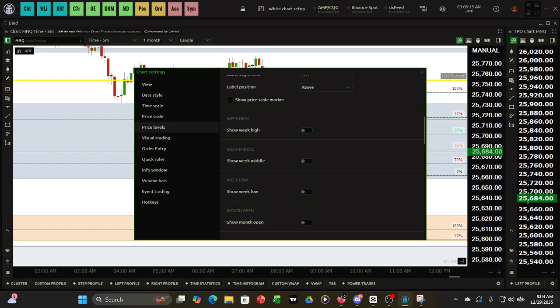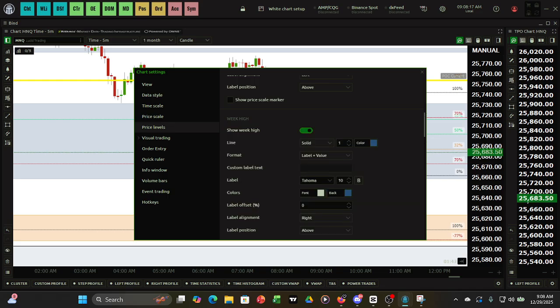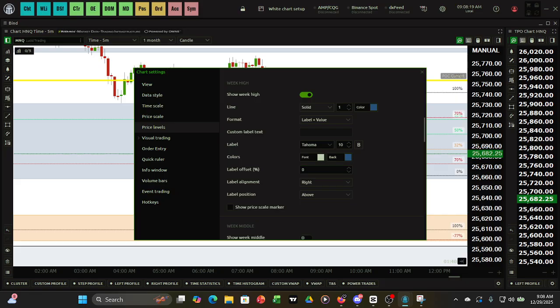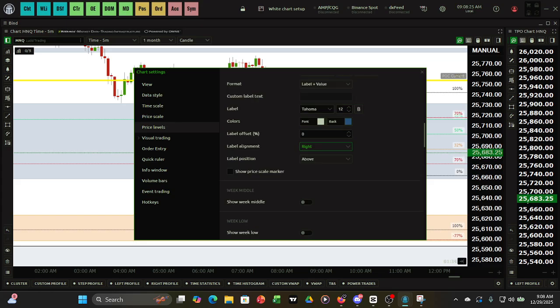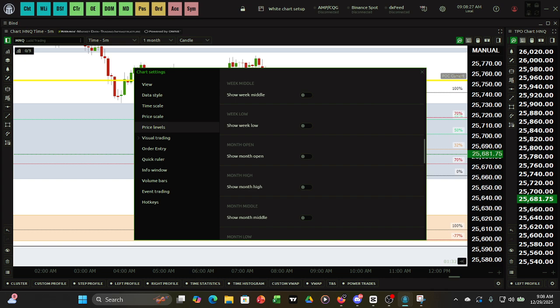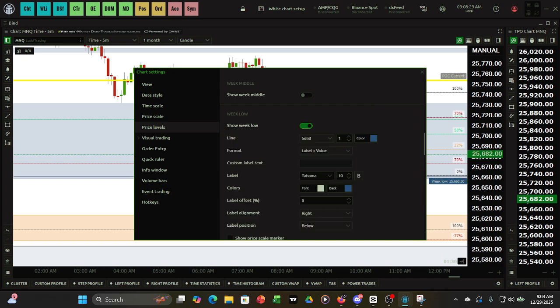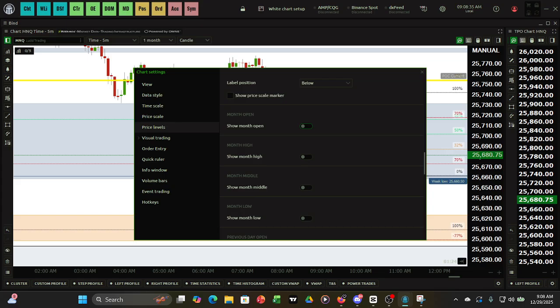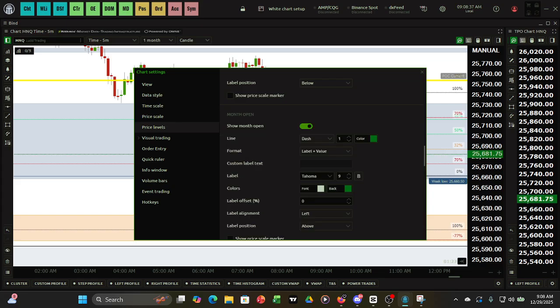I want to see the weekly high. I want to see the weekly low. Month open.